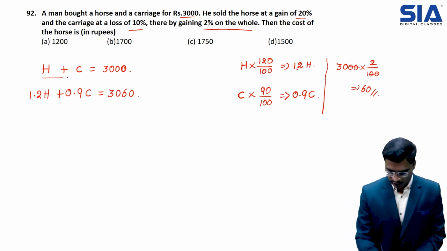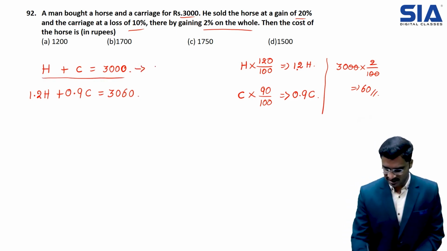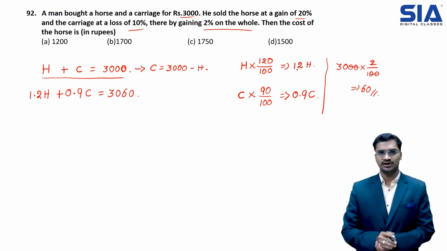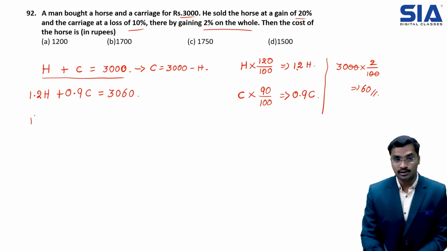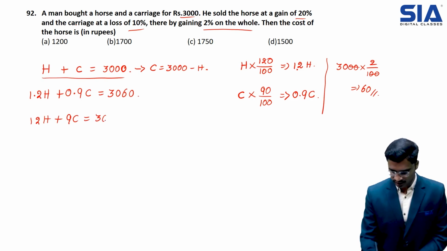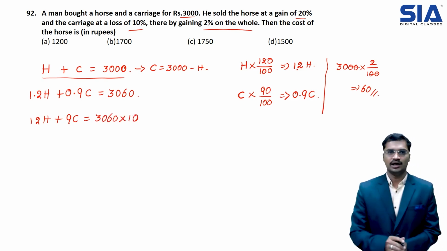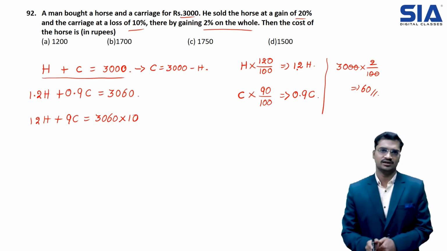So out of this first equation, I can say that C is equal to 3000 minus H. Let us remove these points here. So 12H plus 9C is equal to 3060 multiplied by 10, because I am multiplying 10 on the left and 10 on the right.